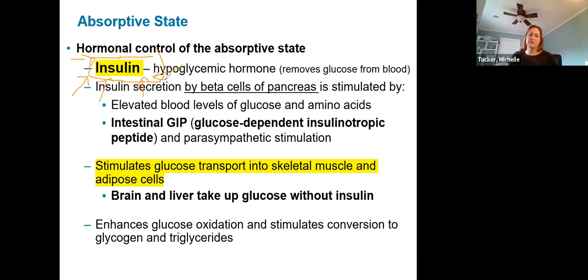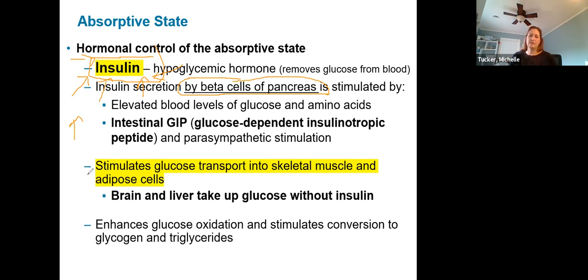We're pretty familiar with insulin stimulating glucose transport in skeletal muscle and adipose cells. So when glucose goes up, the beta cells of the pancreas secrete insulin.